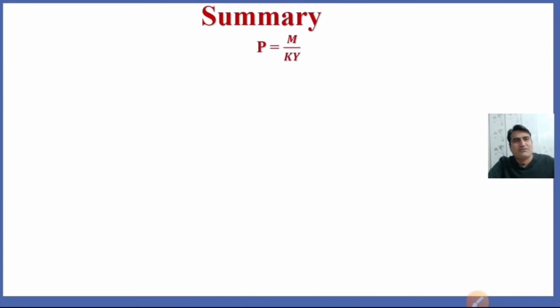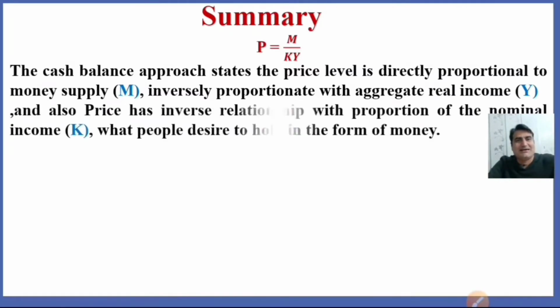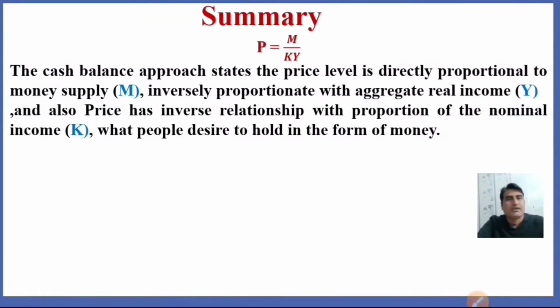Here we shall summarize what we discussed. Cambridge cash balance approach: price is equal to M over KY. The cash balance approach states the price level is directly proportional to the money supply M and inversely proportional to aggregate real income, and also price has an inverse relationship with the proportion of the nominal income K that people desire to hold in the form of money.